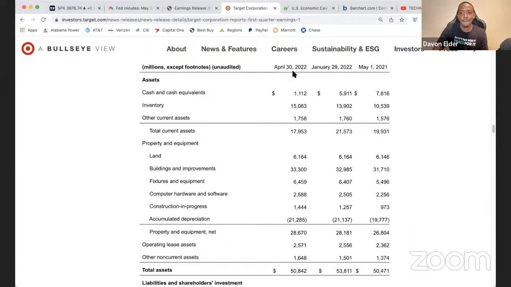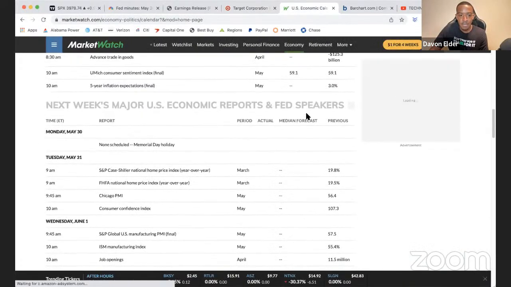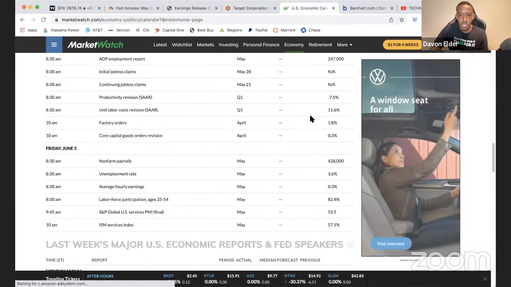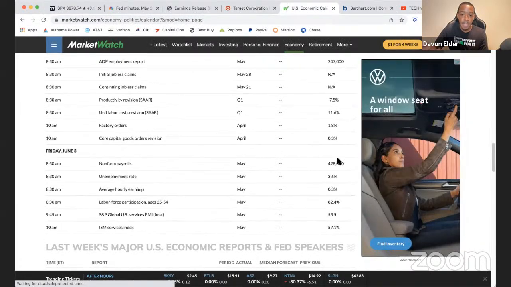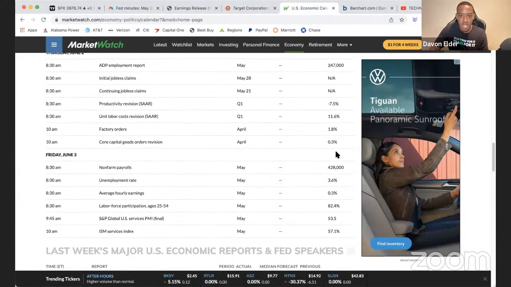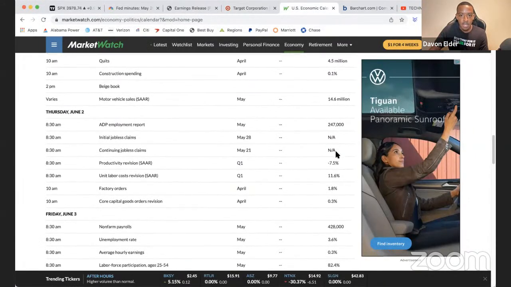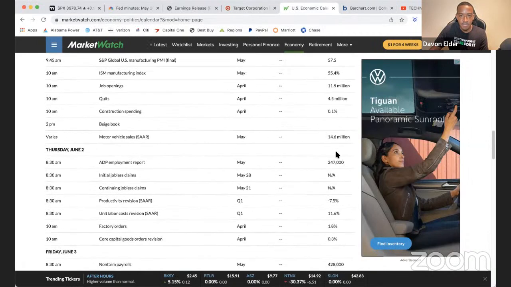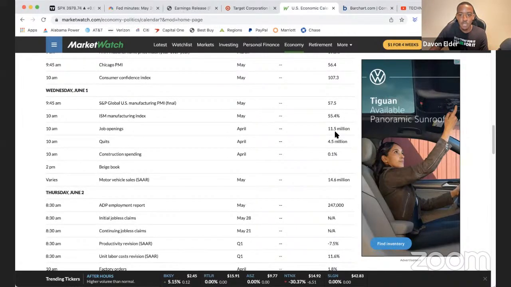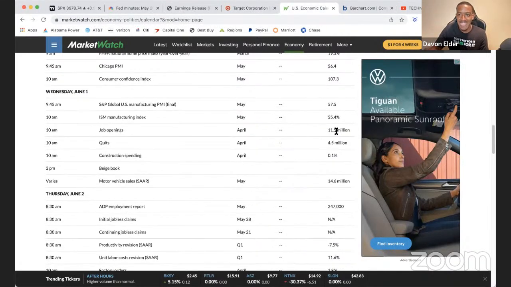But even if you were to lose your job at Target or Walmart, according to the economic calendar, and mind you, next Friday we're going to get our payroll numbers, there were 11.5 million job openings reported last month.